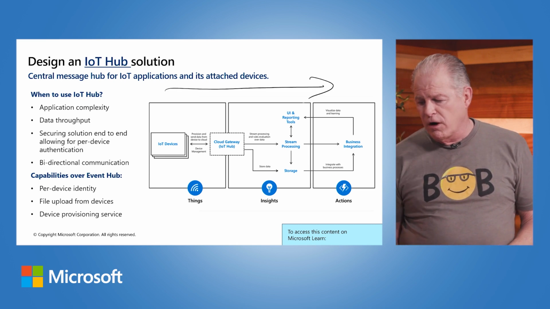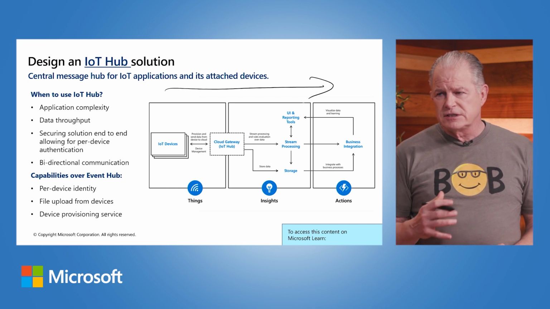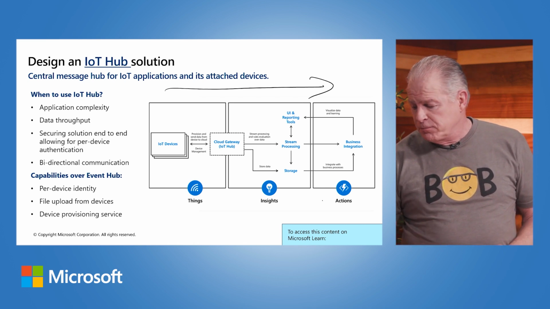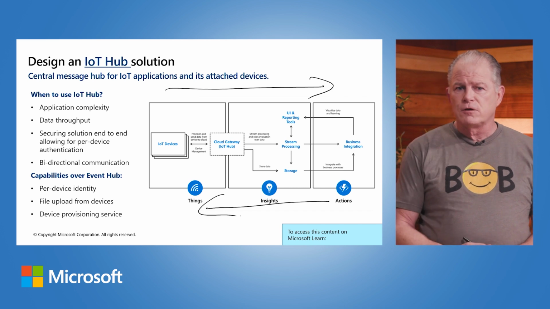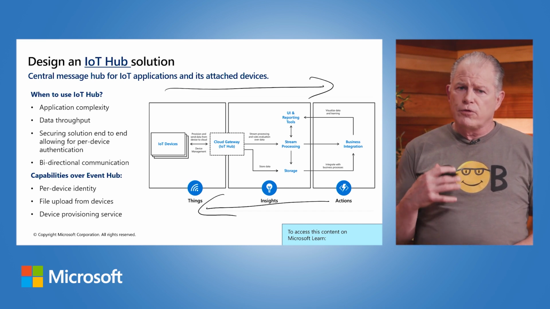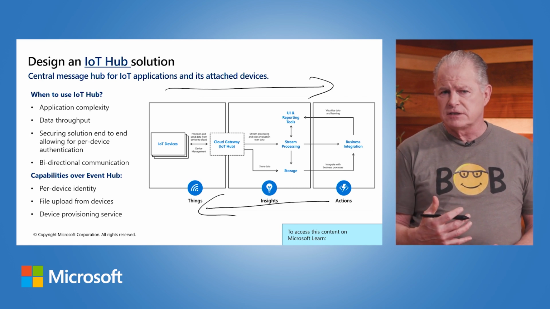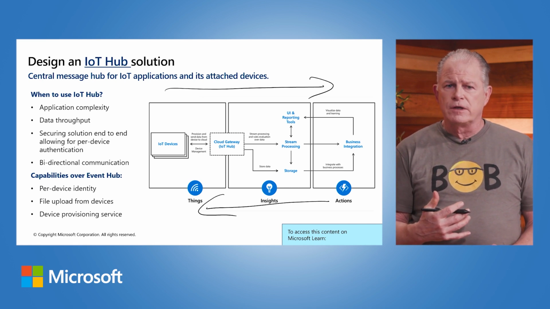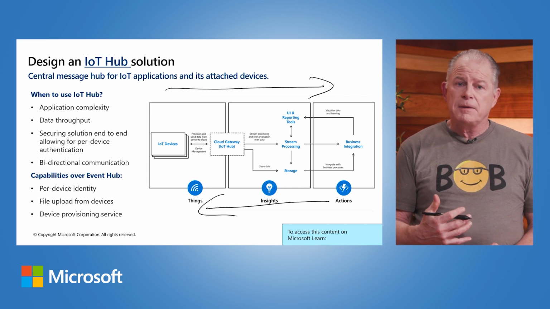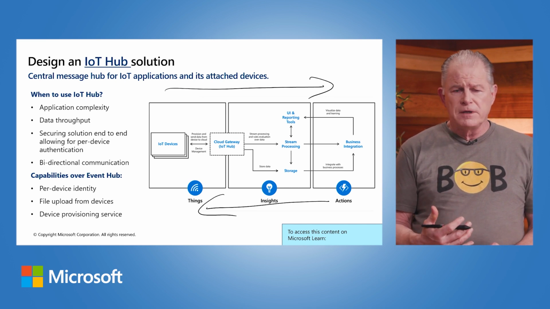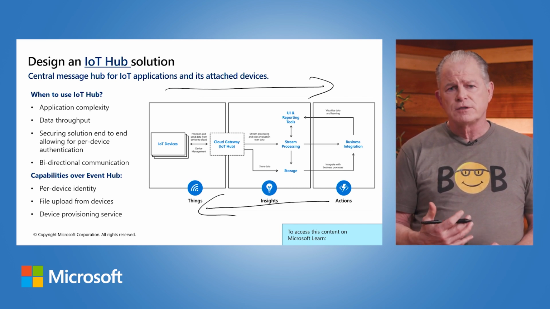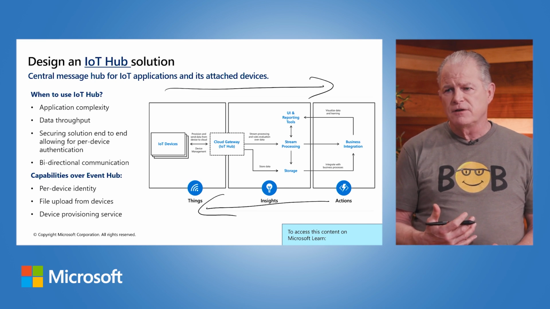like we saw before. But what IoT Hub does slightly different than all of them, it provides for a bi-directional communication. So through the hub, we can actually communicate back to the IoT devices. And this is going to be very useful in the case of being able to maybe provide updates, whether it be software-defined updates or configuration updates, back to those IoT devices.